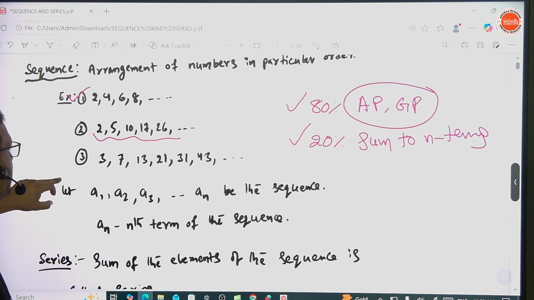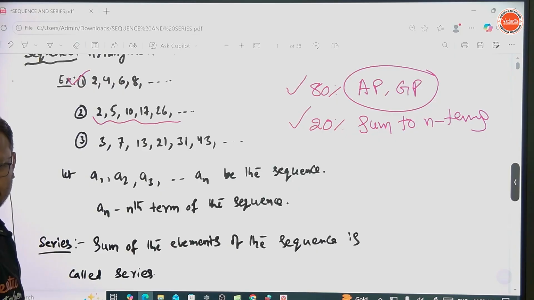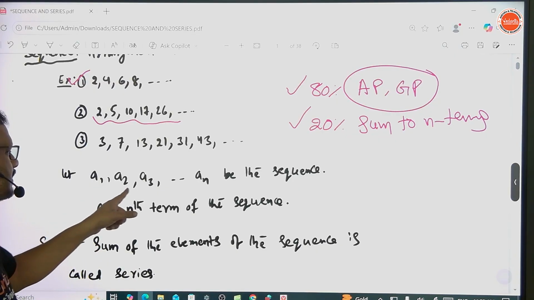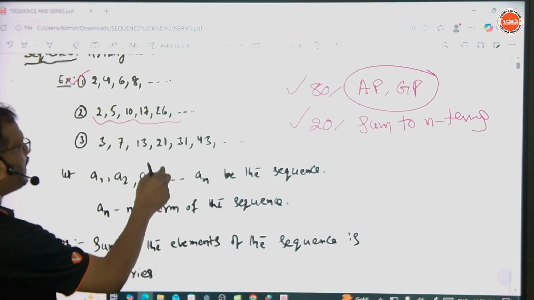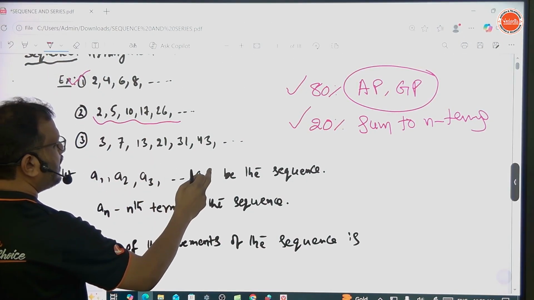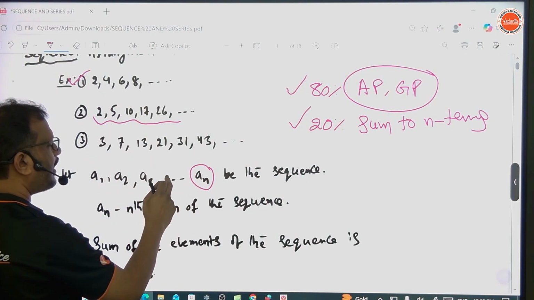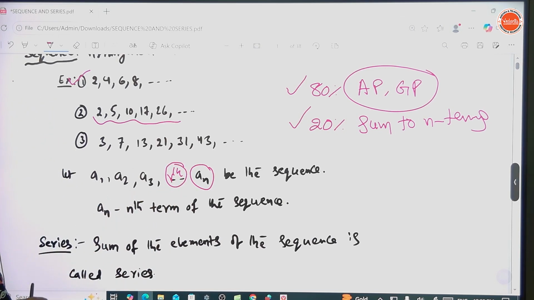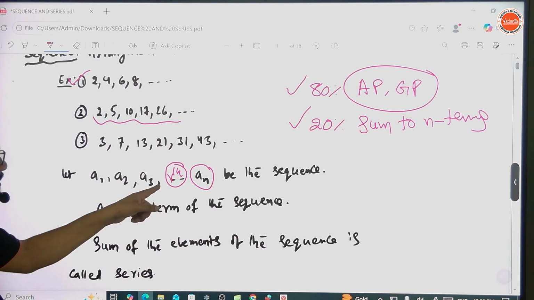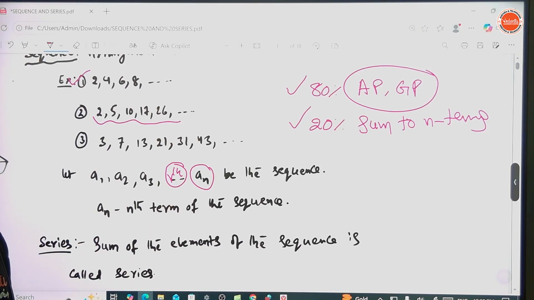Under the nth term of a sequence, suppose we have n terms. The last term we will call the nth term, or before that the rth term, you can say. Right? That is also important to discuss, along with the sum of the series.